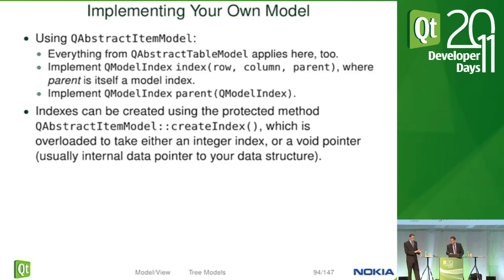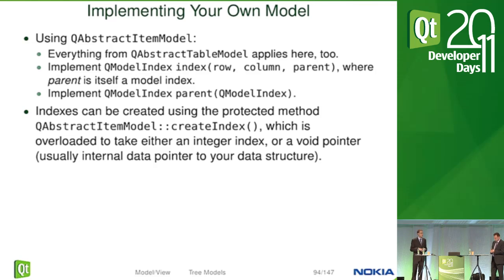So besides making the already existing methods slightly more complicated, we also have two new virtual methods that we have to override, which for the simple cases is done in the table and list model already for us.